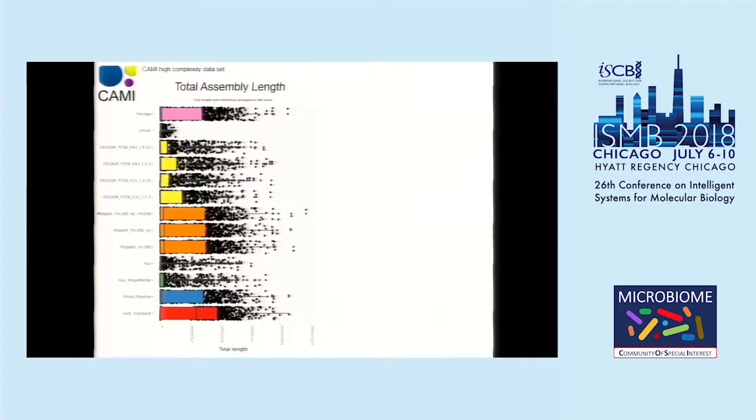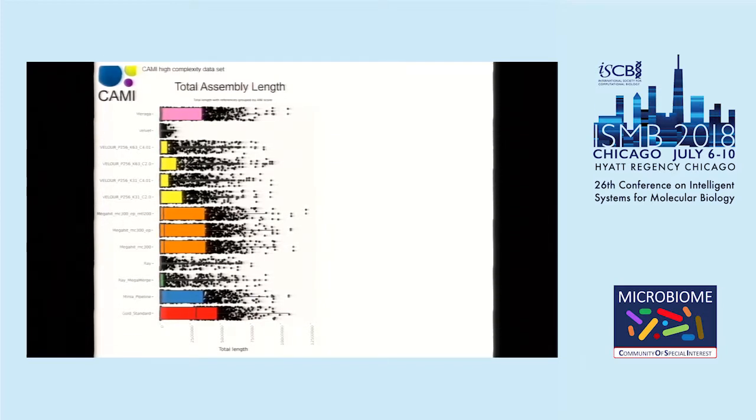When you do this for the high complexity data sets for the different assemblies, it looks like this. This is showing the total assembly length for each of the reference genomes. We map it back to the references, and each dot here is one genome, overlaid by the box plot here.